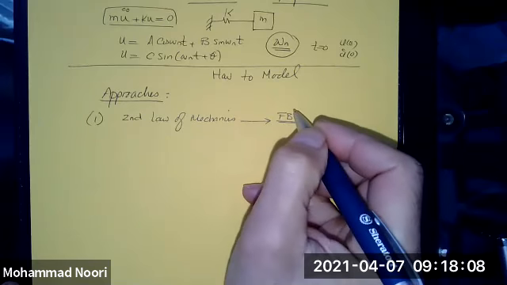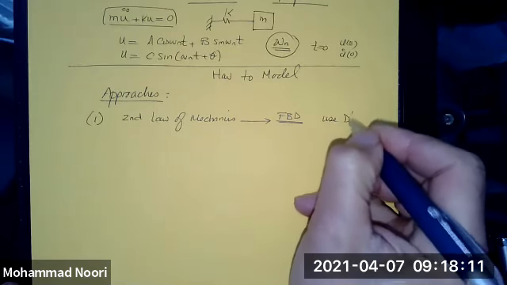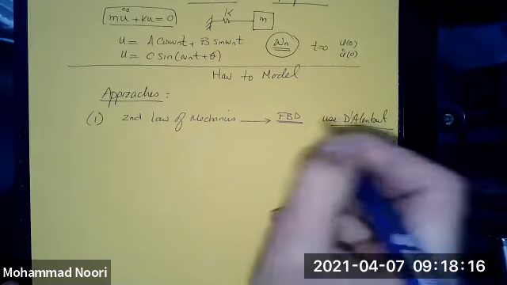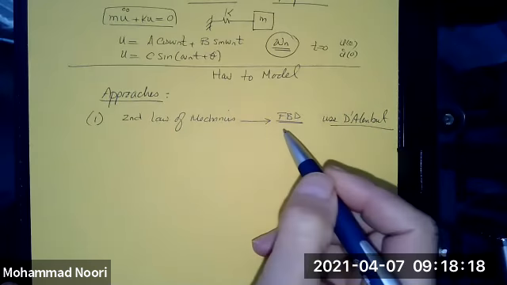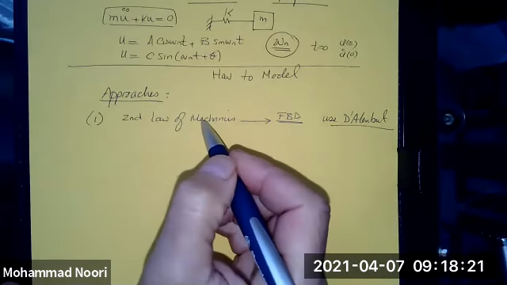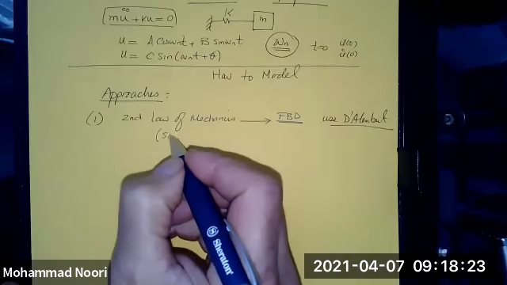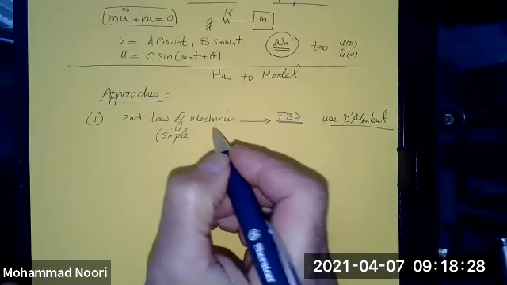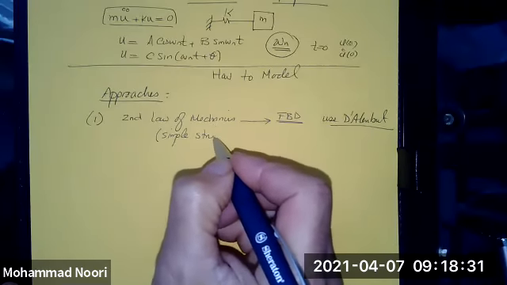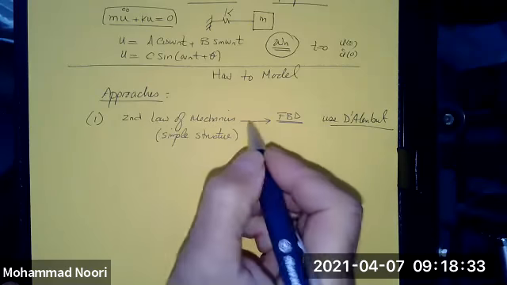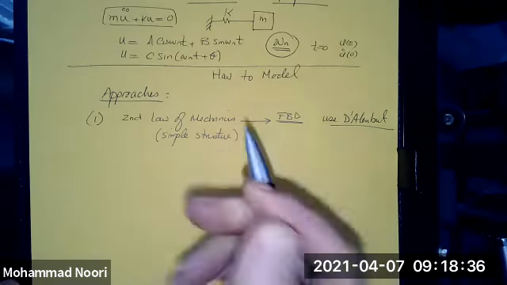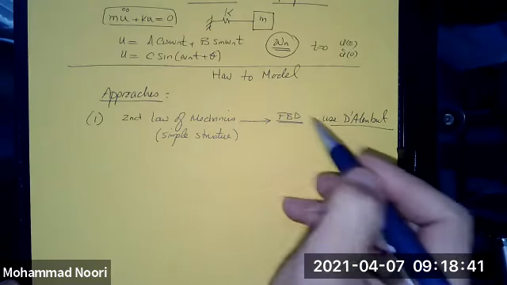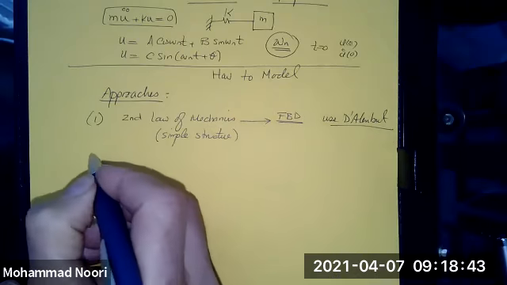And if you use the D'Alembert force, instead of just inertial force, in other words, the inertial force which is placed in the opposite direction of motion, you have basically a static problem. And by setting up the free body diagram and using the second law of mechanics, writing summation of forces equal to 0, you can set up the model and find the natural frequency. That's one approach.